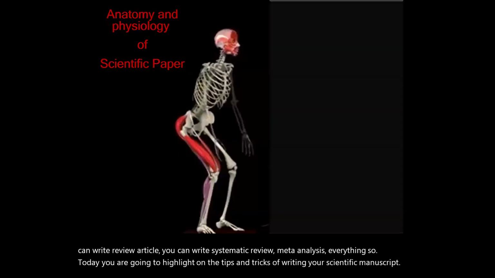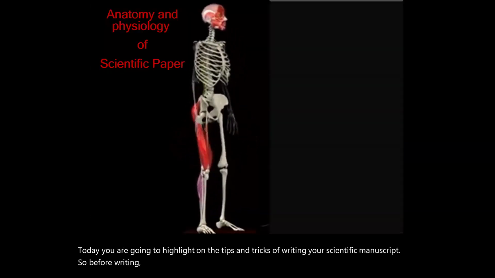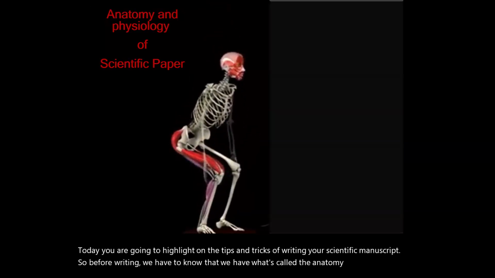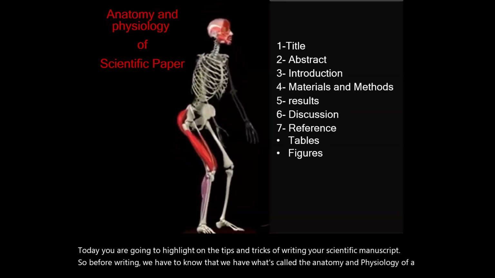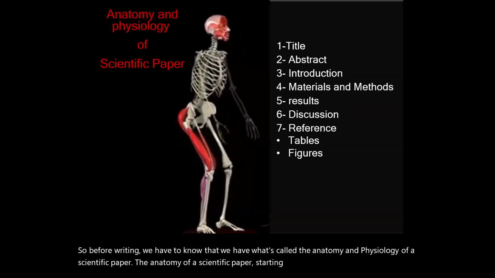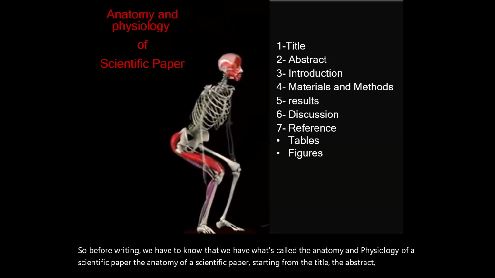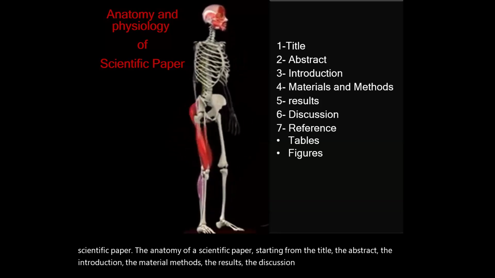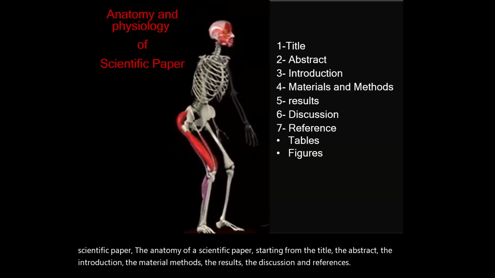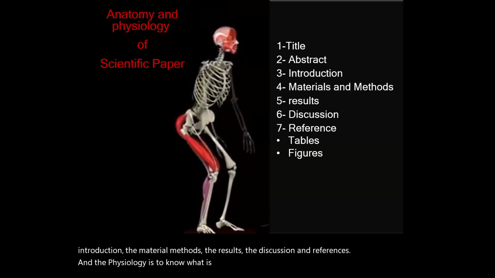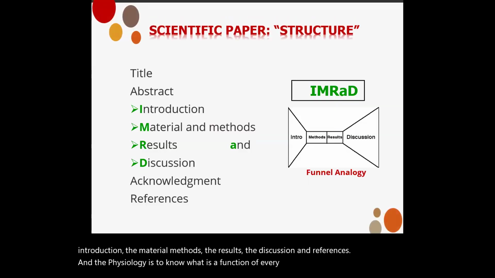So before writing, we have to know that we have what's called the anatomy and physiology of a scientific paper. The anatomy of a scientific paper, starting from the title, the abstract, the introduction, the material and methods, the results, the discussion, and references. And the physiology is to know what is the function of every part of these items.